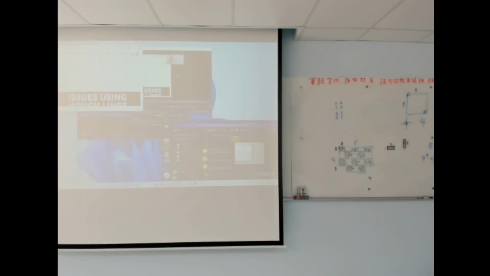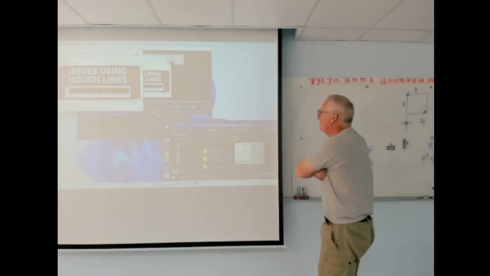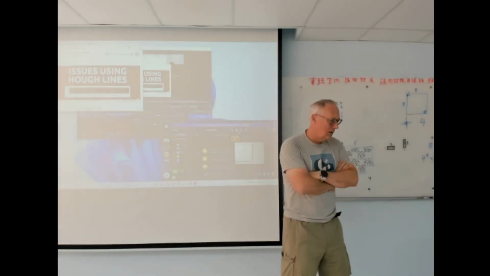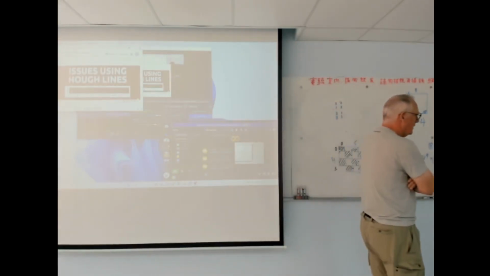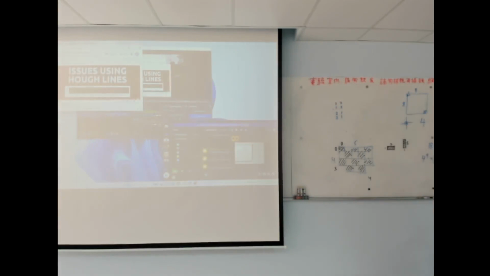So this is a very nice, very powerful algorithm. Now, there's a couple of caveats, a couple of things that you need to be aware of. The first thing to realize is this is a voting scheme.